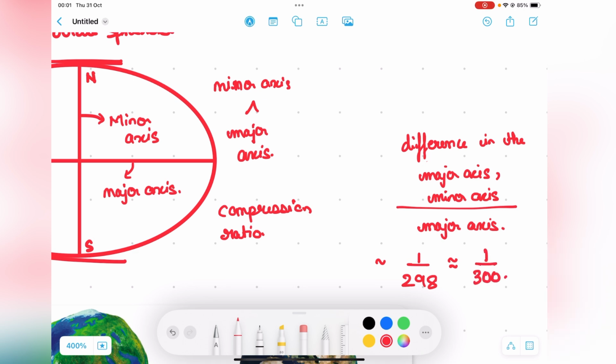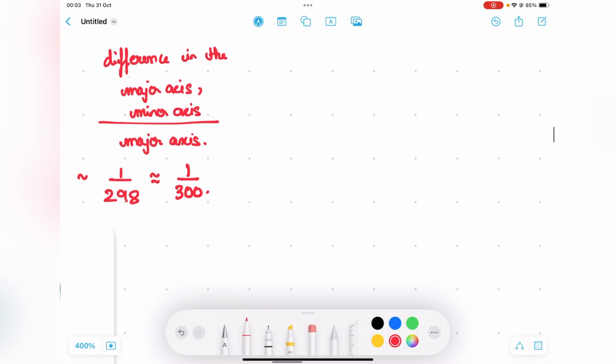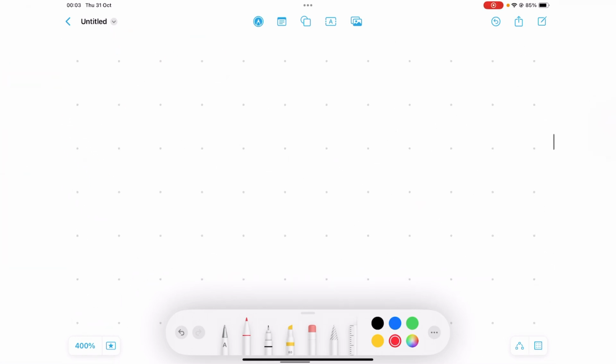So what does this compression ratio mean, right? I've already said that it gives you a value as to by how much your minor axis is smaller than your major axis.